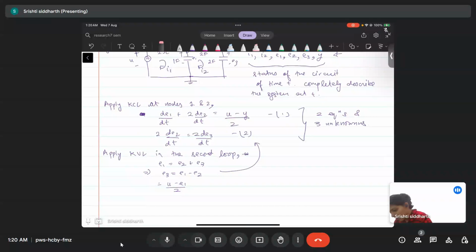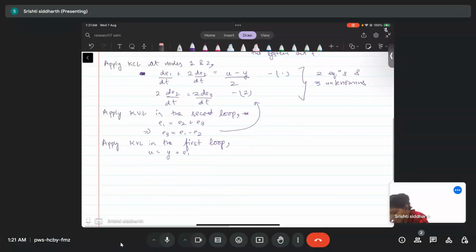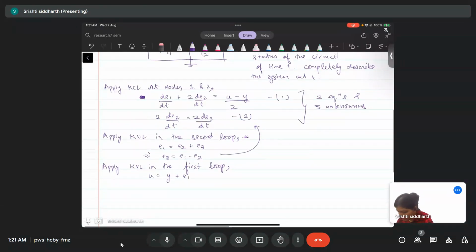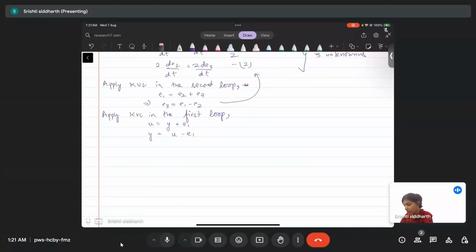Alright. So in addition to this, the voltage across the resistor Y can be written as (U minus E1) over 2. So applying KVL in the first loop, this will give us U equals Y plus E1. So this will be Y equals U minus E1. Right. Now we have the voltages and we also need currents in the circuit.